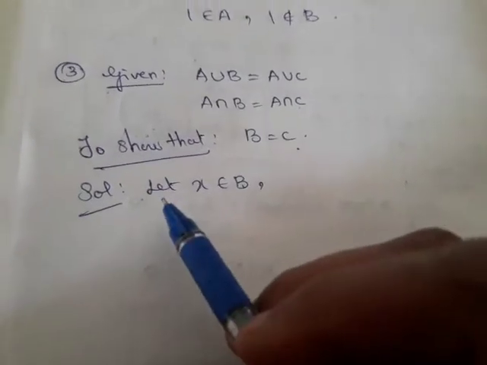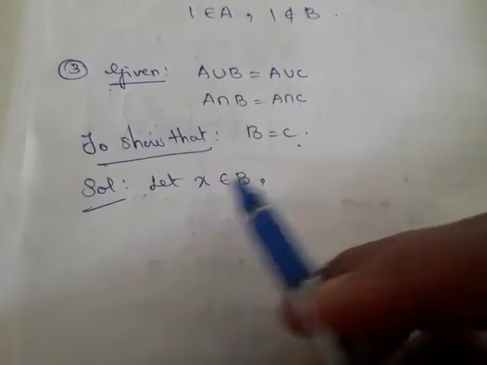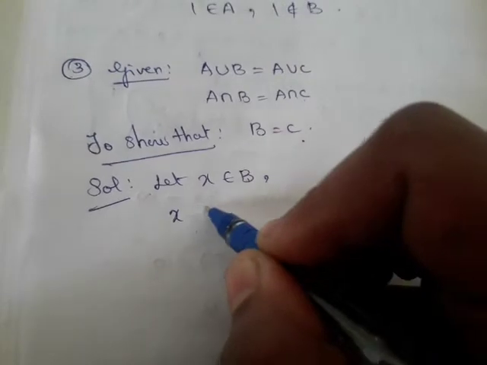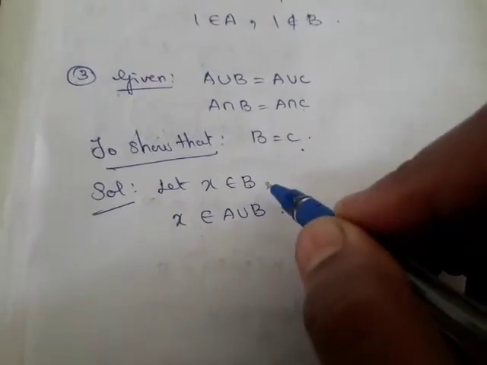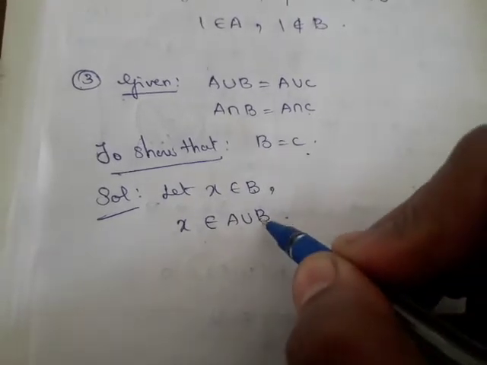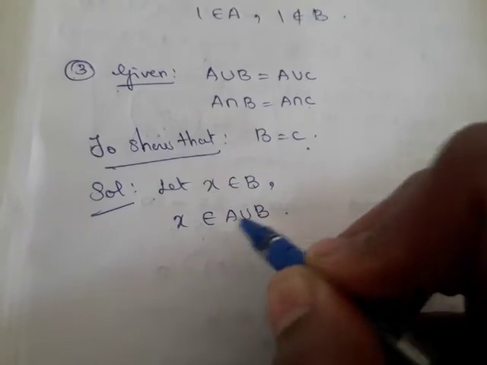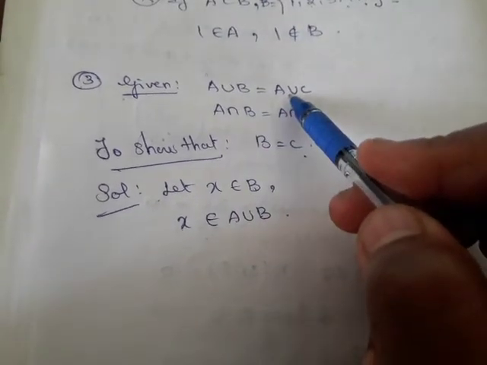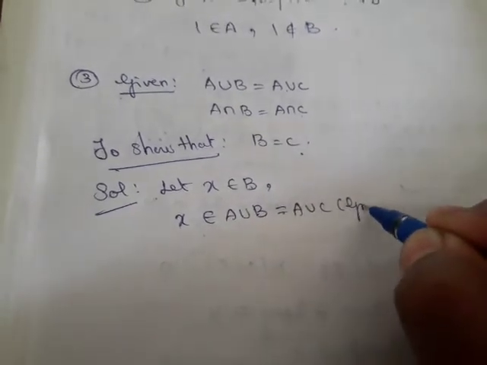So let us start. Let us assume x belongs to set B. If x belongs to set B, then x will belong to A union B, right? If an element is available in one set, when you are finding the union with another set, obviously that element should be present, right? So x belongs to A union B. But A union B is the same as A union C, which is given.